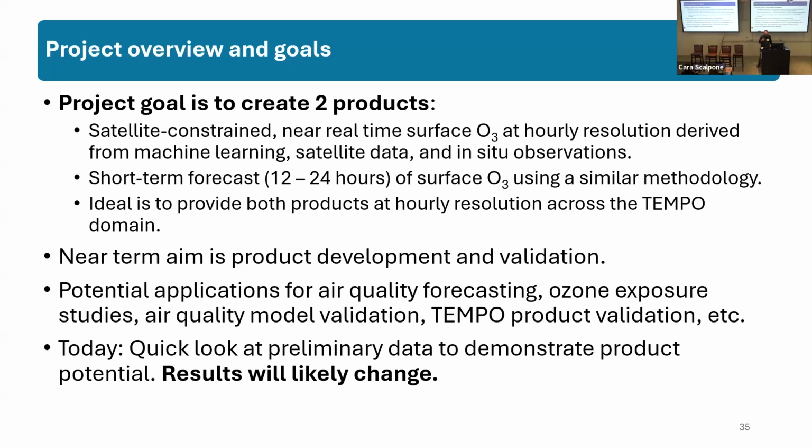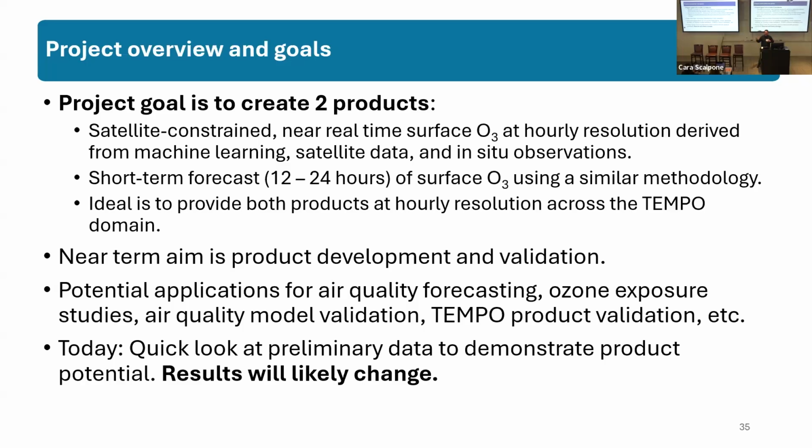And the idea behind both of these products, but particularly for the forecast, is that it can be an additional tool for air quality managers to understand what's going on at their sites and to help with air quality forecasting. For example, one application is if you have an air quality episode where the emissions are very different from what the standard is.